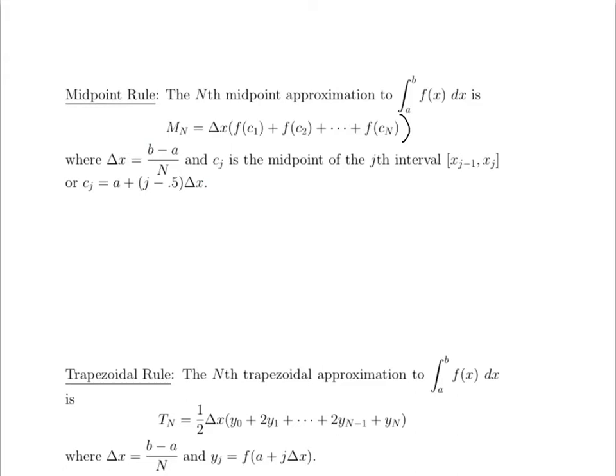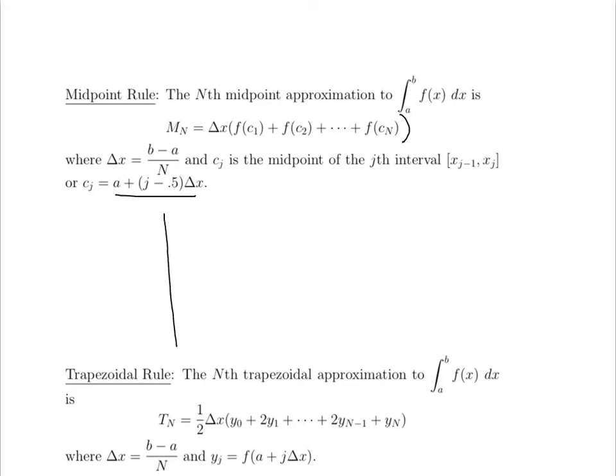So delta x is your b minus a over n. Cj is the midpoint of each interval that you create. And then they have a formula to calculate that midpoint. Generally, you can calculate it by hand, or it's pretty obvious. If you have an interval from 0 to 1, obviously the midpoint is 0.5, so that's not hard.